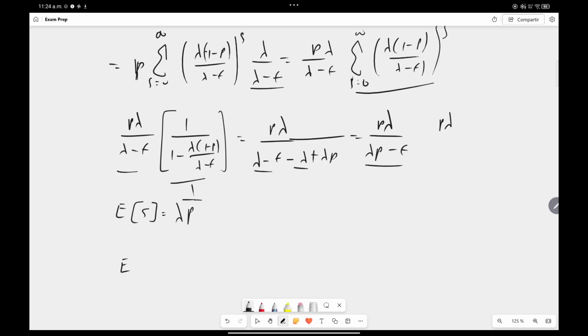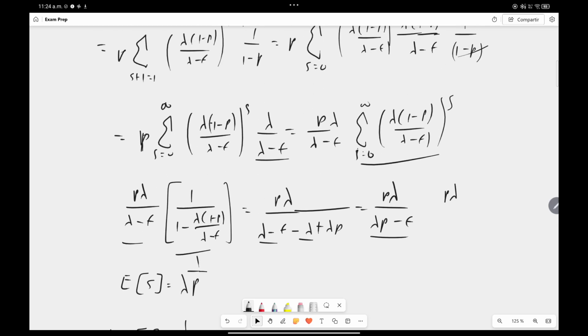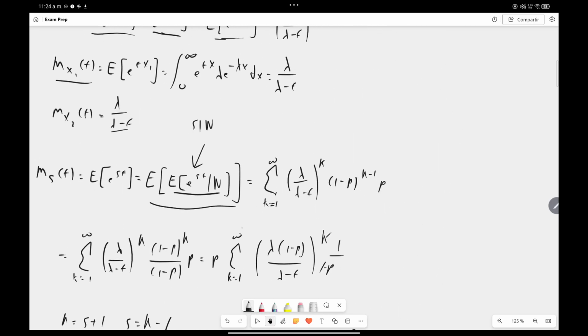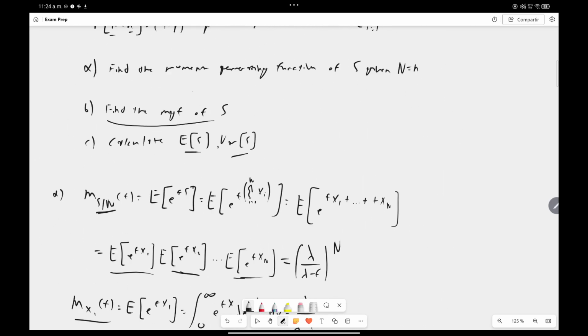And then the variance is just going to be the square of this. So the variance of an exponential distribution is just the square of its mean. So in this case, 1 over lambda squared p squared. And so that is the answer to the question.